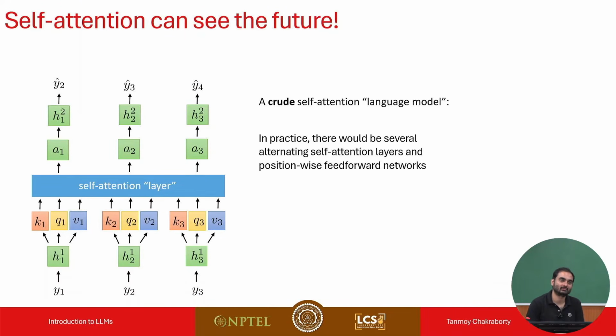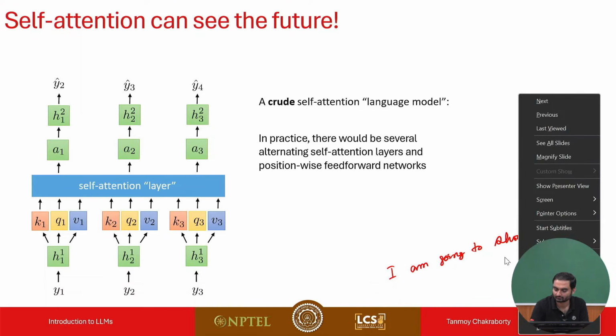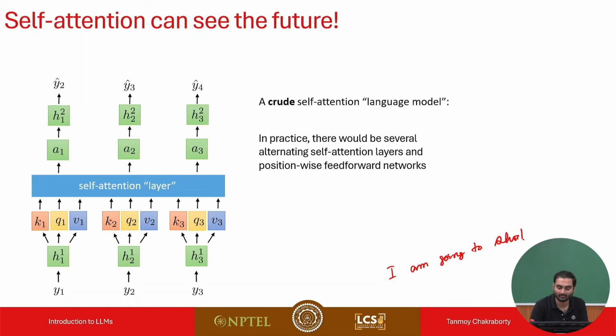If you remember self attention, every query is attending to all the keys present in the sequence, right? It means that if the sequence is, let's say, I am going to school, this word is also attending to going to school, and so on and so forth.